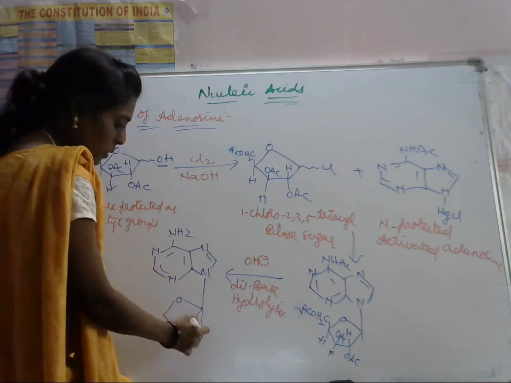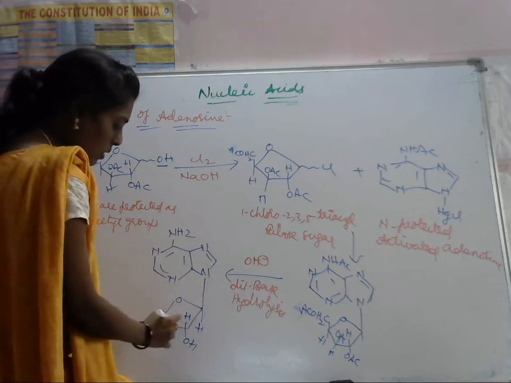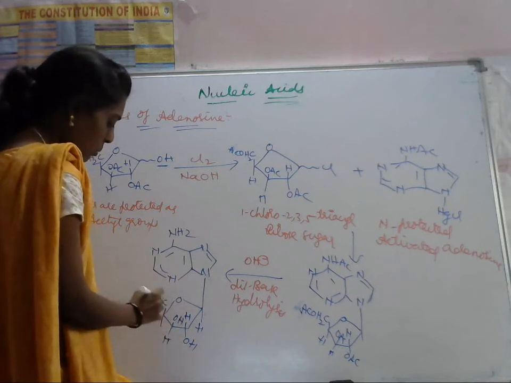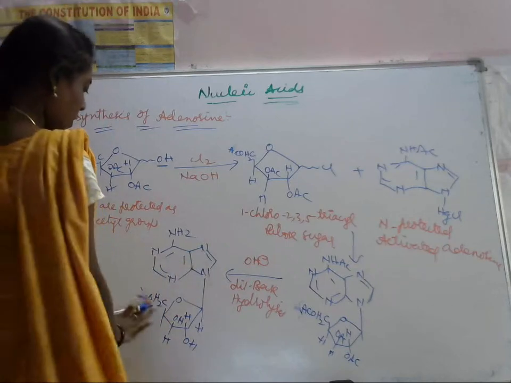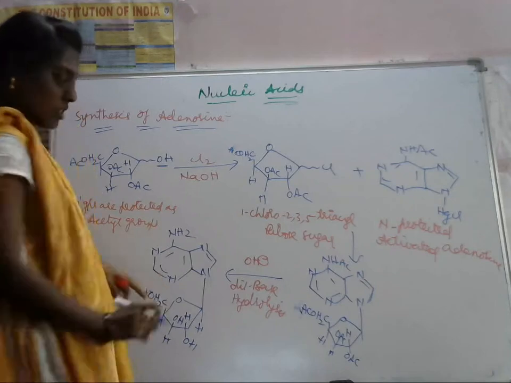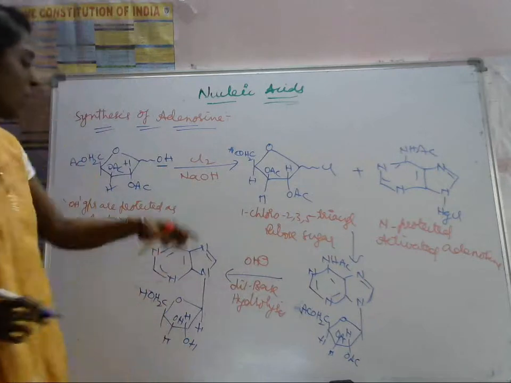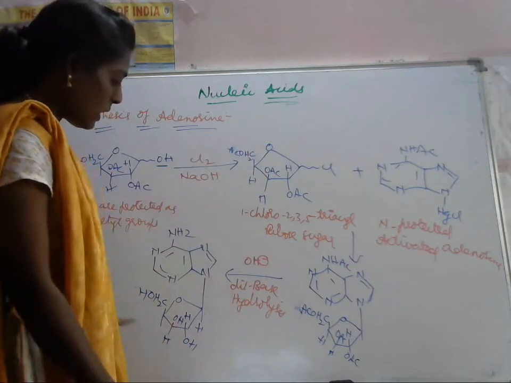Here we will have nitrogen, OH, H, OH, H, here CH2, because we are removing these acetyl groups. So all the acetyl groups will be removed and hydrogens are replaced.